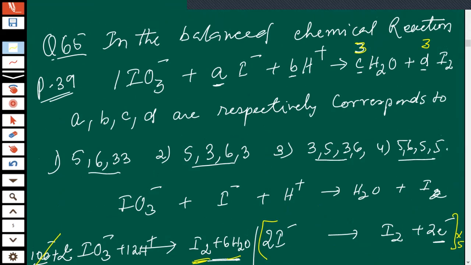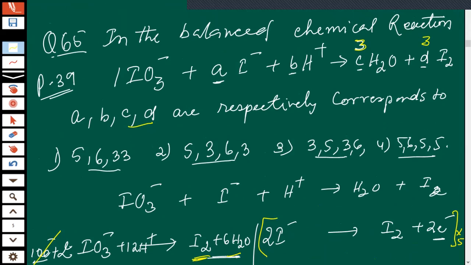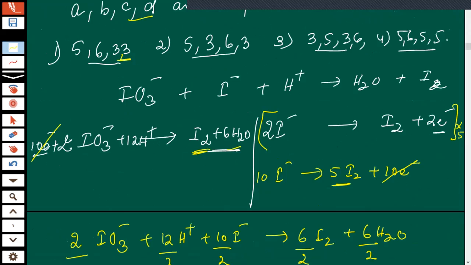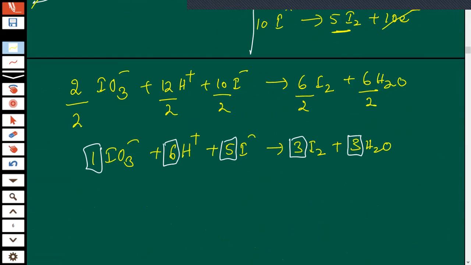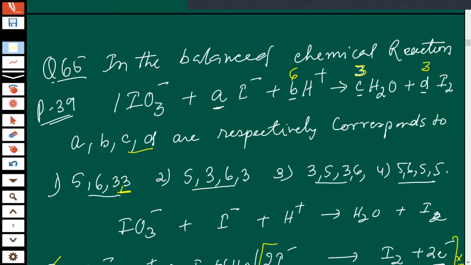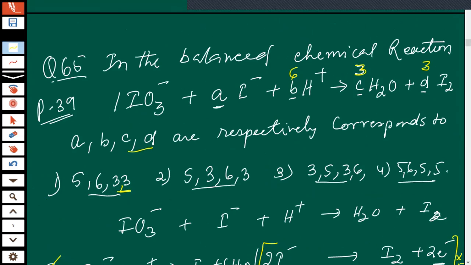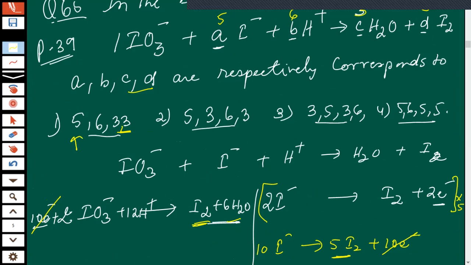So C and D are 3 and 3, option 1. Now let us check H plus: we are getting 6. For I minus we are getting 5. So 5, 6, 3, 3 is the correct answer, children.